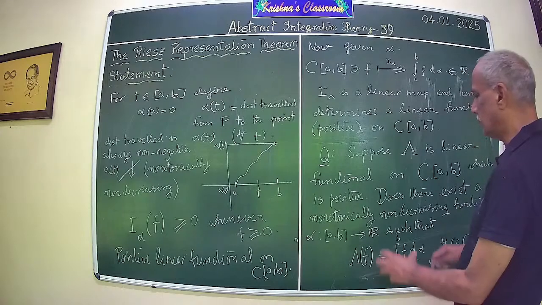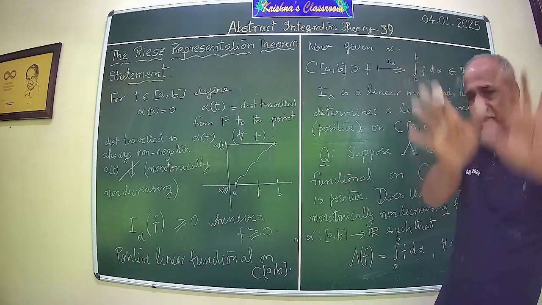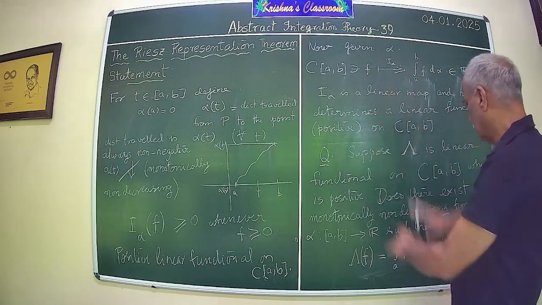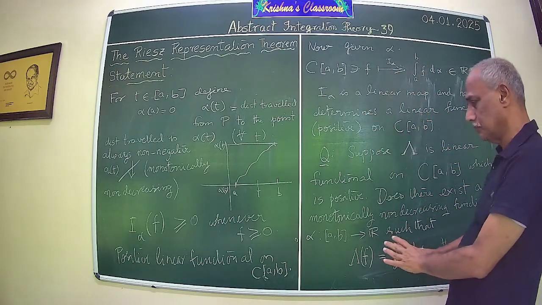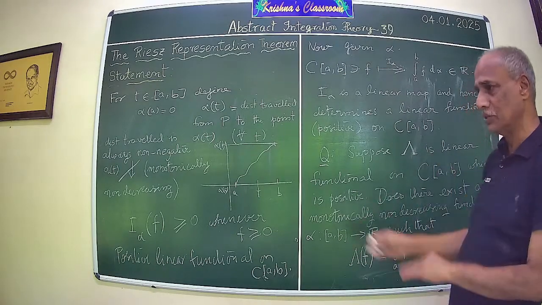Is it possible to connect these two ideas? On the one side you have the linear functionals, on the other side you have the monotonically increasing functions. So can you connect these two?